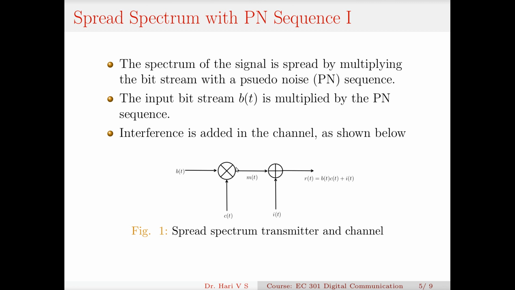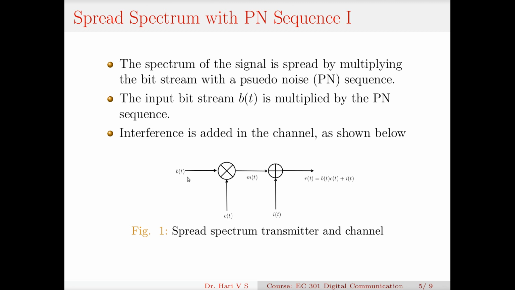So the situation is very simple. I have bit stream b(t). Earlier this was going into a PSK system. Now there may be a PSK system after this, but here the bits are given here. Then I multiply by c(t). c(t) may have N clock cycles during one bit period.